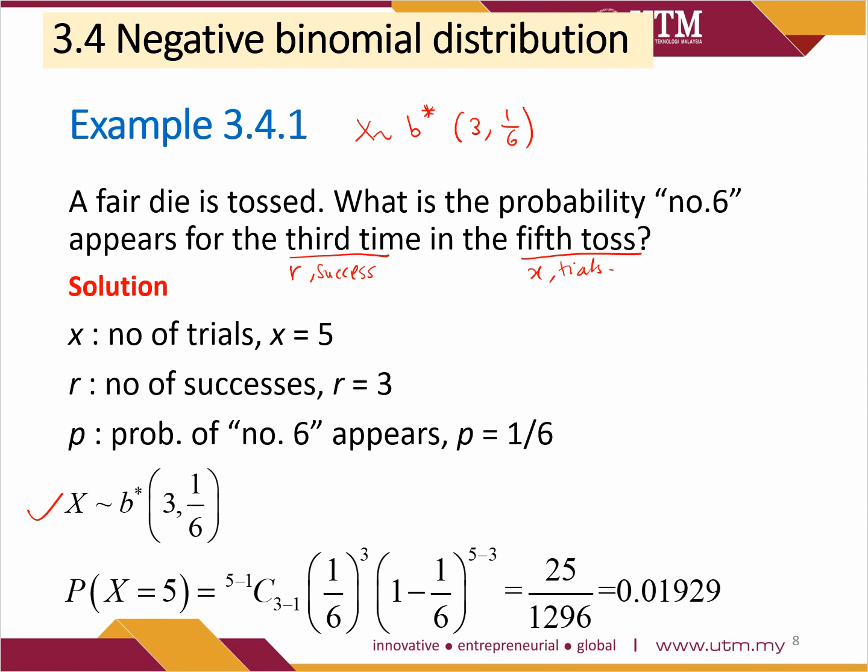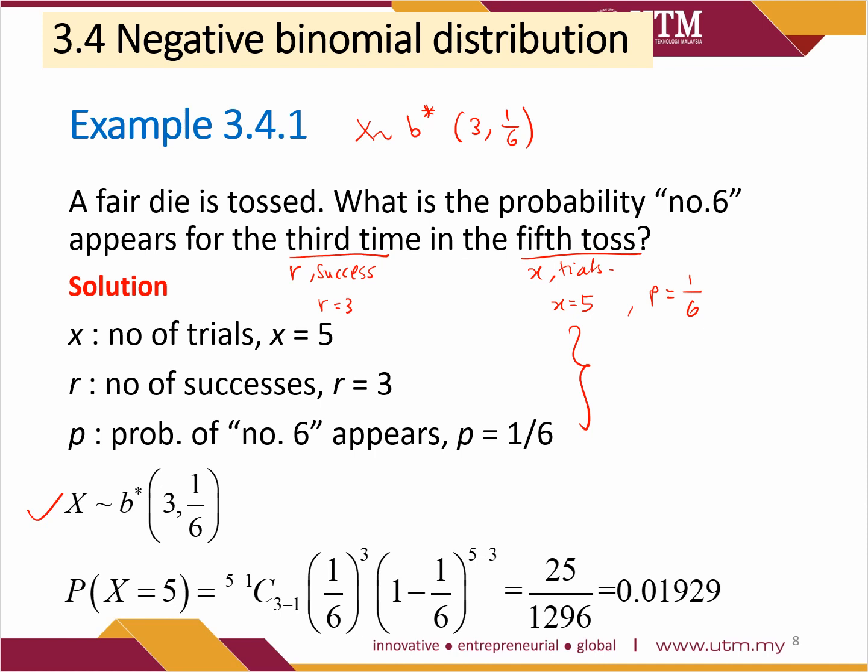Now we know X equals 5 and R equals 3 and we know our P of getting 6 is 1/6. So we know all of these values, so we can substitute into the formula.